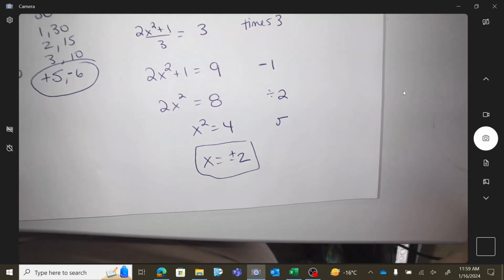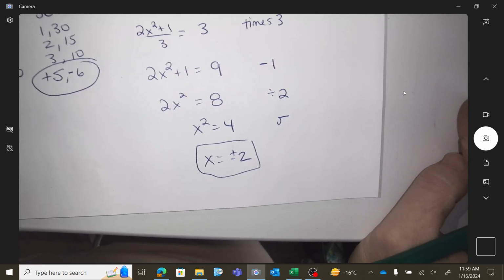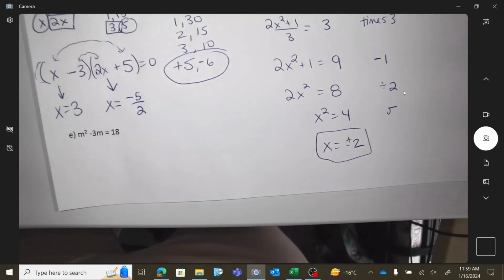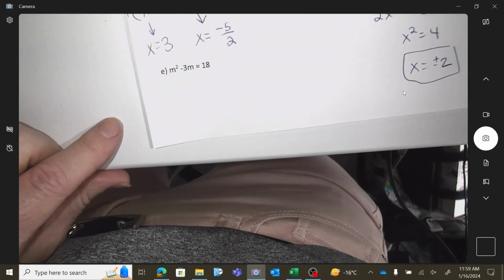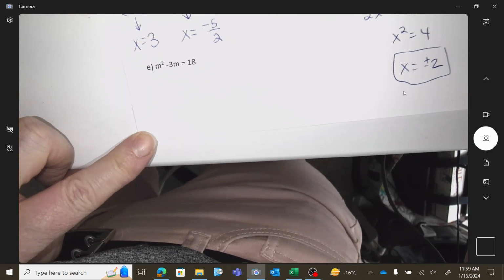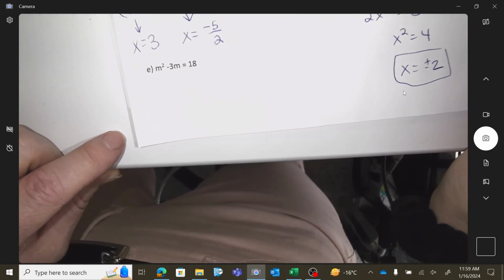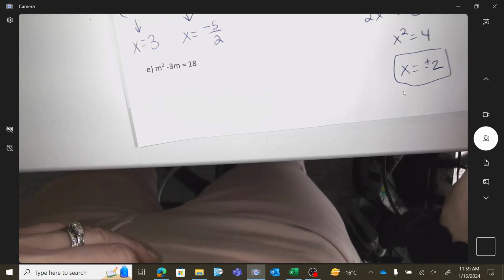Plus or minus 2. Okay, E, do it on your own. What's the problem? Before you're going to do it on your own, but what's the problem with it?